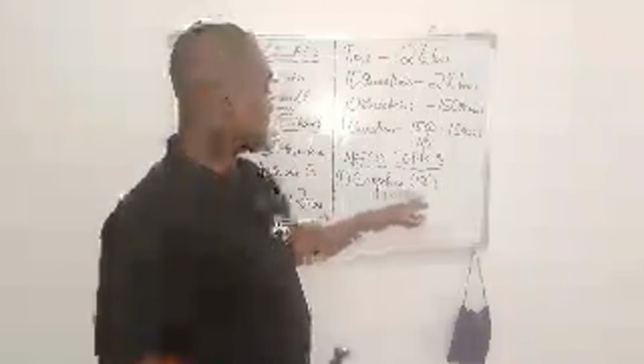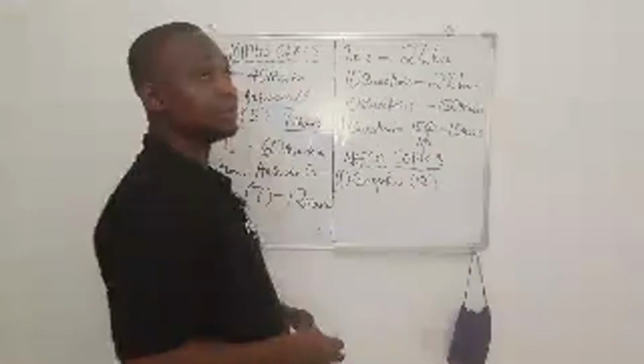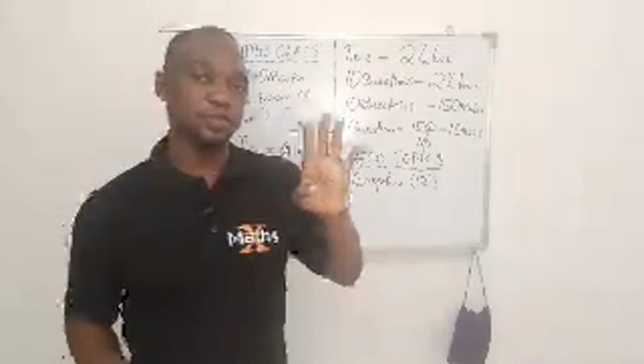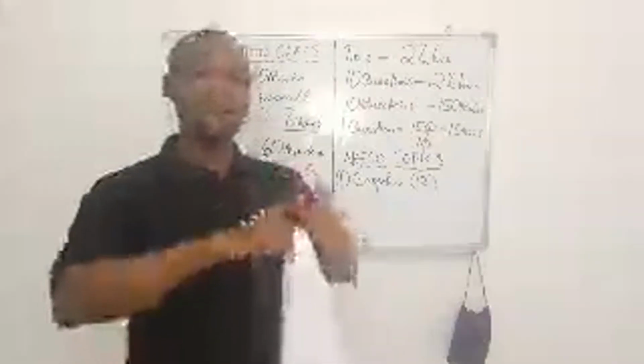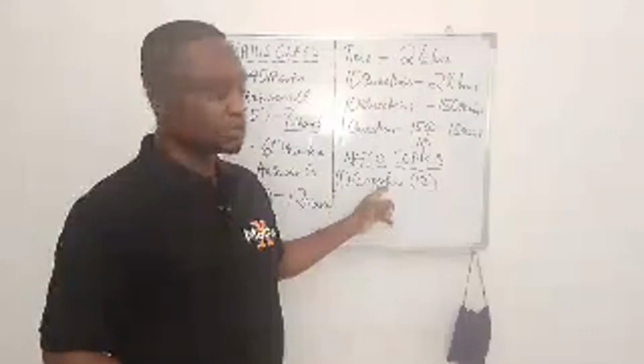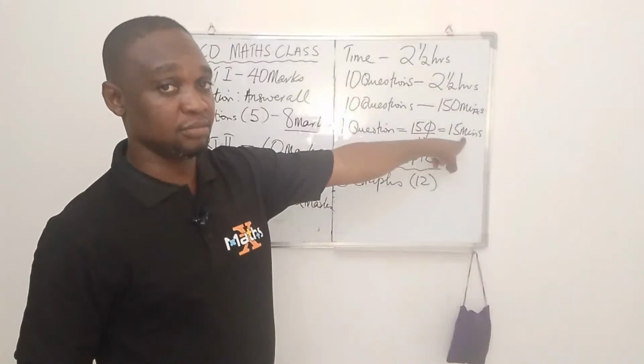Usually, when they put it like it is here, it is 12 solid marks out of 100, and this is worth going for. So you shouldn't miss a mark like this. To study graphs, it is found in quadratic equations, because there are 4 methods of solving quadratic equations: the factorization method, completing the squares, the formula method, and lastly, the graphical method.